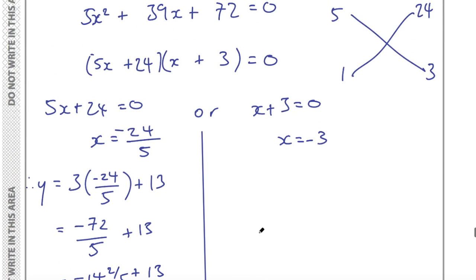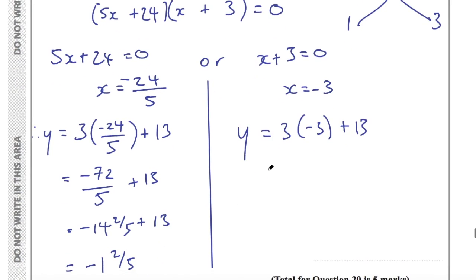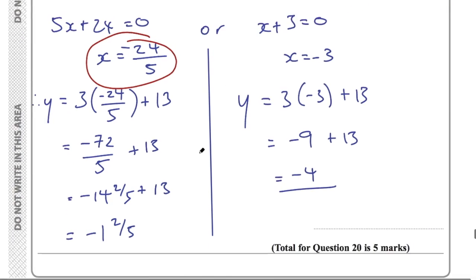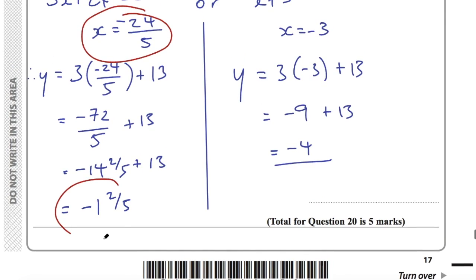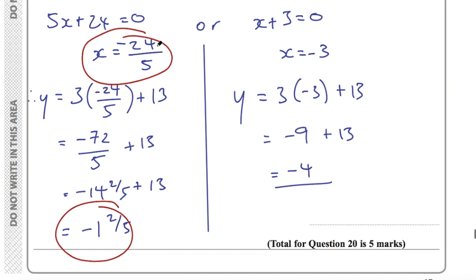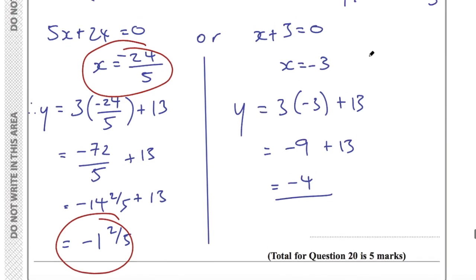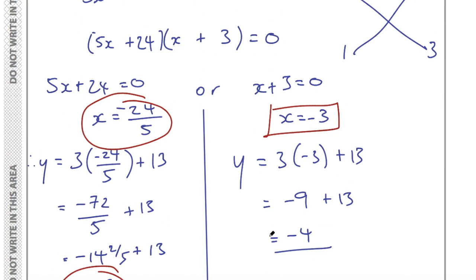And then if x equals minus 3, y equals 3 lots of minus 3 plus 13, equals minus 9 plus 13 equals minus 4. So my 2 points there are x equals minus 24 on 5 and y equals minus 1 and 2 over 5, or x equals minus 3 and y equals minus 4.